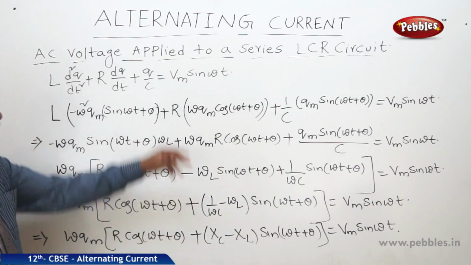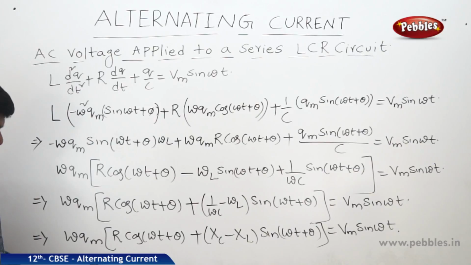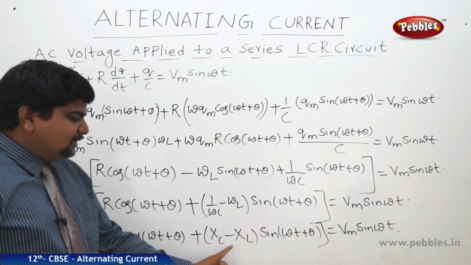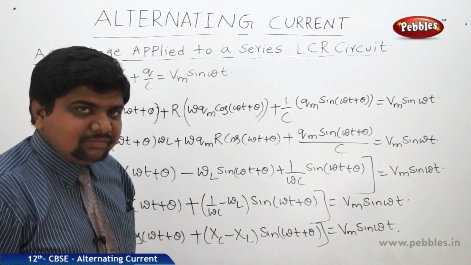This is the simplified form of this whole equation. So we got omega qm as common, R cos(omega t plus theta) plus (Xc minus XL) into sin(omega t plus theta) is equal to Vm sin omega t.